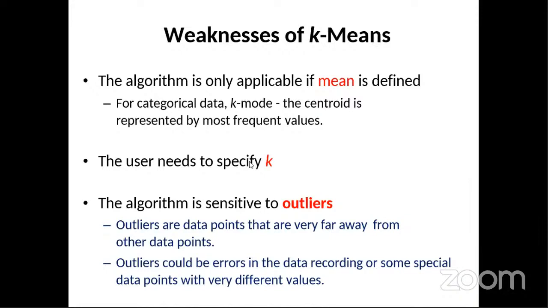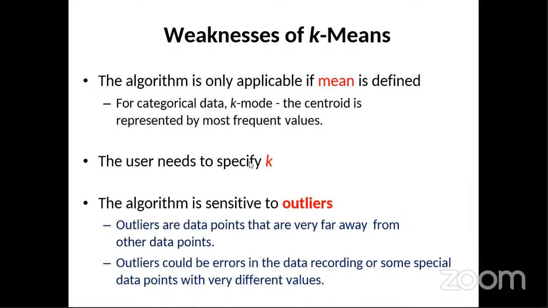And the main weakness of K-means is the sensitivity to outliers, because every data set might have an outlier. Call it a social network data set or any sort of data set which you are trying to work upon, we have a lot of outliers, which are the nodes that are very far away from the other nodes.